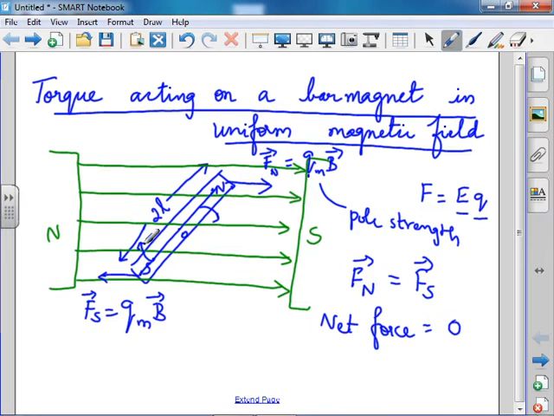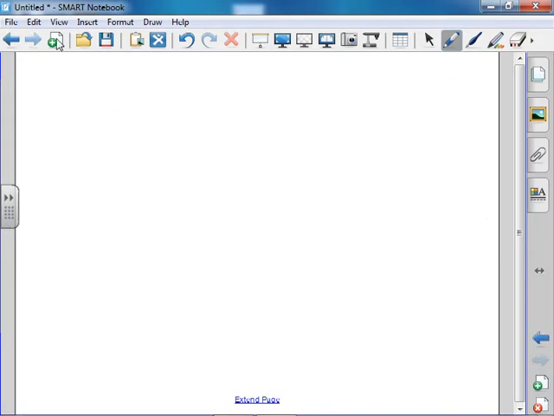So what we can say? The net force is 0 but it produces a couple. So we have to calculate the moment of the force or the torque experienced by the magnet. So how will you calculate that? We know torque tau is equal to R cross F, where R is the distance from the center and F is the force.